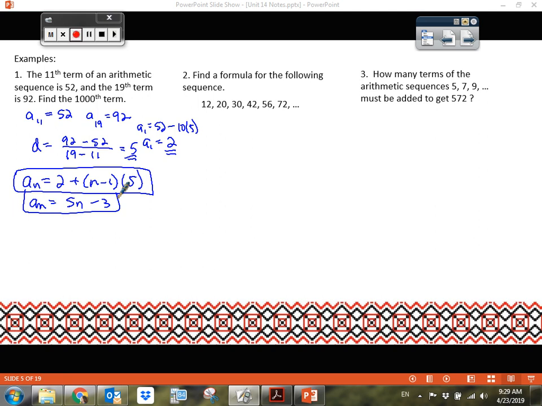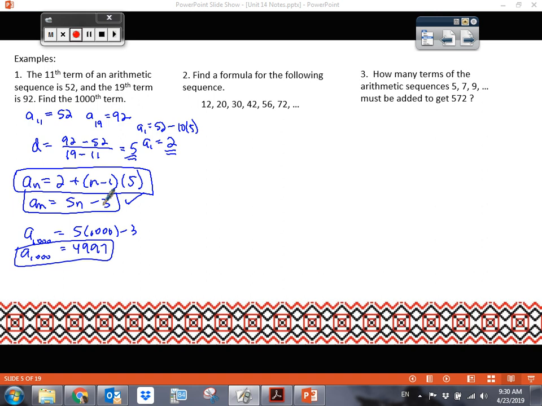Now that we have our formula, let's find the thousandth term. a sub 1000 equals 5 times 1000 minus 3, or 5000 minus 3, which is 4997. It's convenient to have it written like that if we're going to use it, but again, it's your choice.